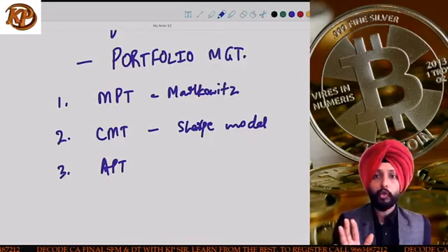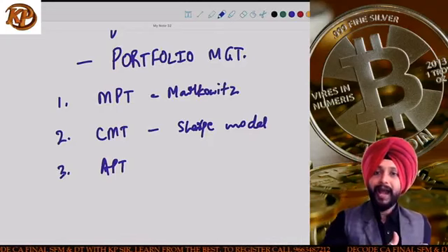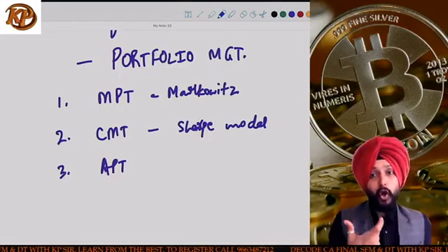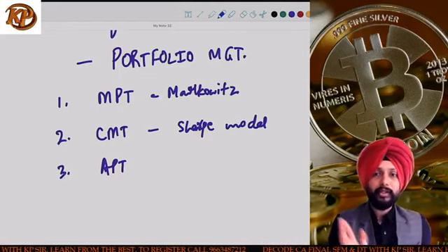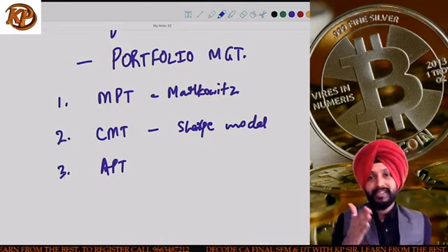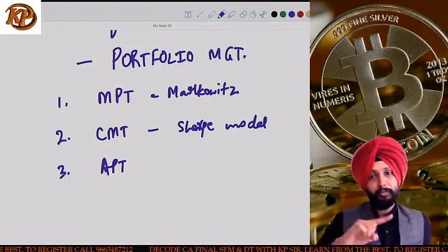So what you have to do is study the relationship between a market portfolio and the stocks rather than studying the relation between the stocks. How stocks are related to each other, we used to study in case of modern portfolio theory. But as far as capital market theory is concerned, it said no, don't waste your time studying the relation between stocks.